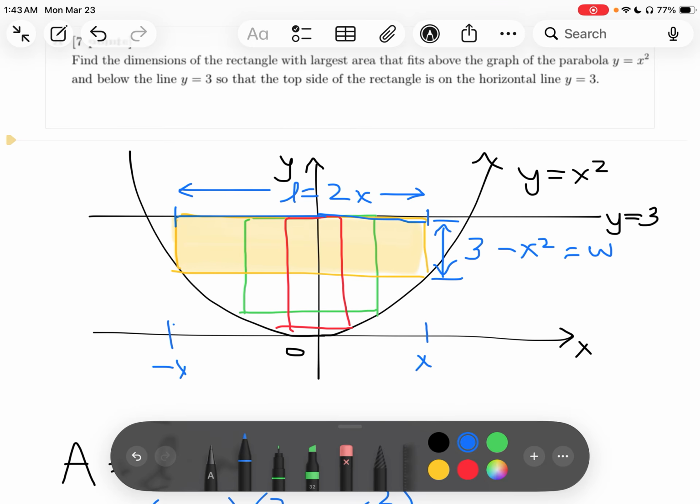To find the maximum, we need to optimize, and to optimize, we find the derivative and set it equal to 0.